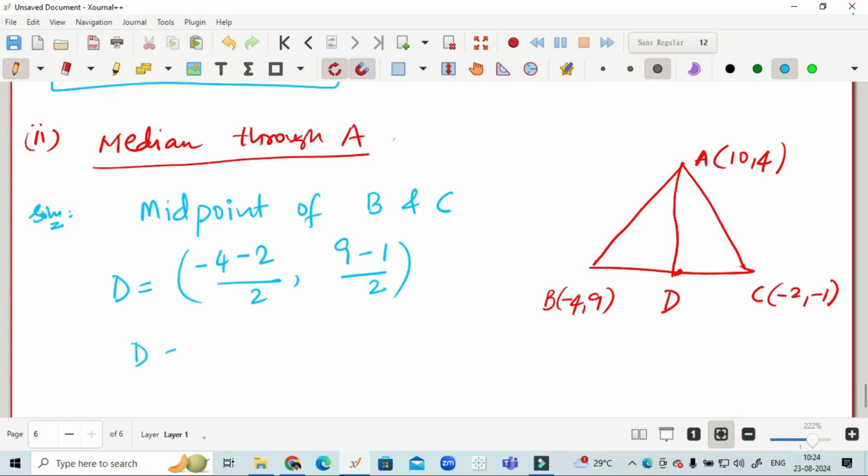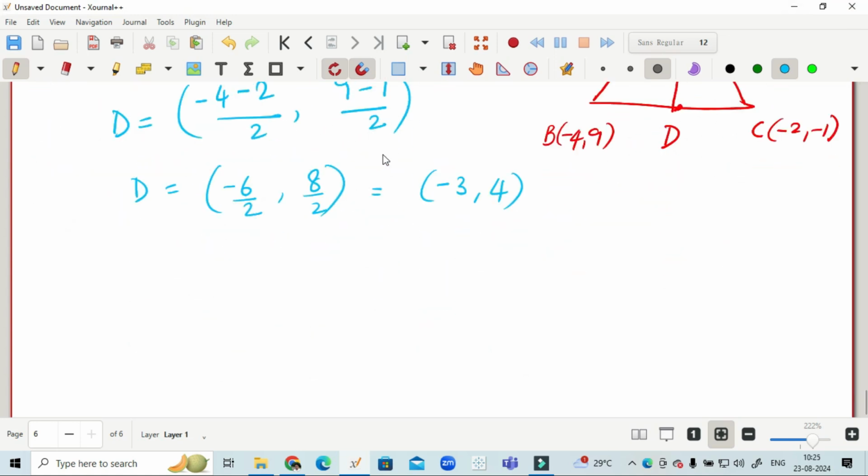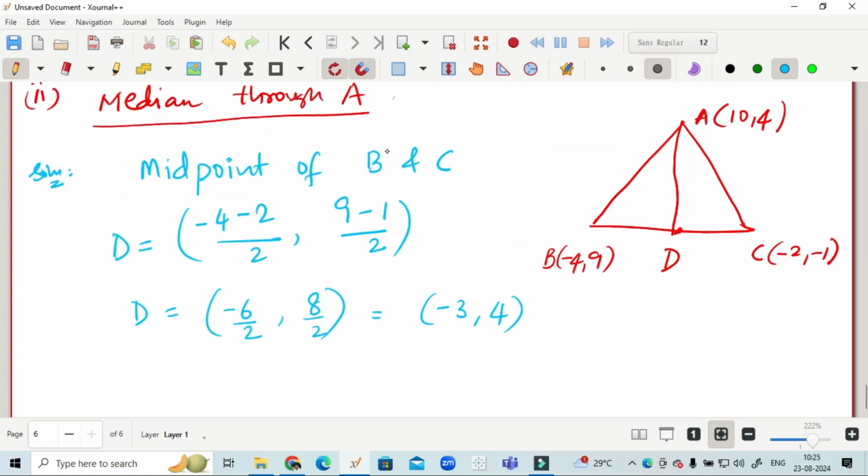So D equals -6 by 2, 8 by 2, which equals (-3, 4). So (-3, 4) is the midpoint. Now we have to find the median through A.